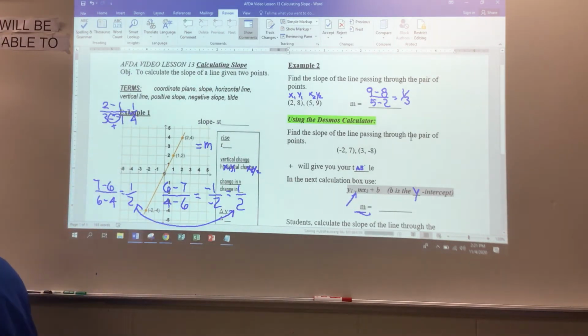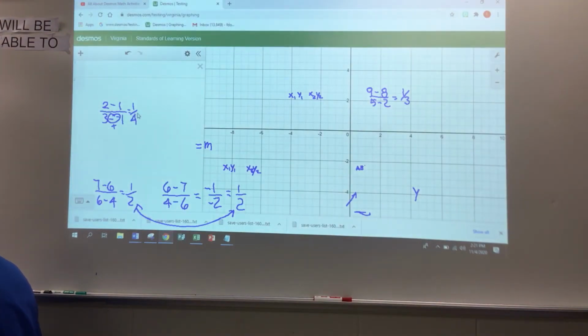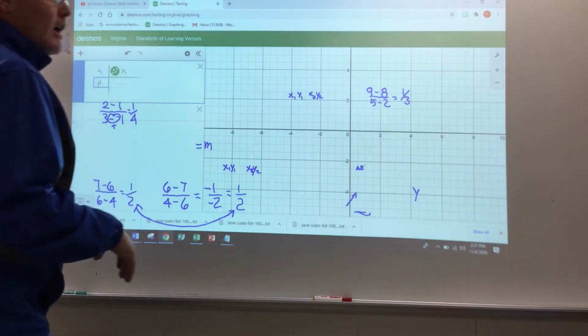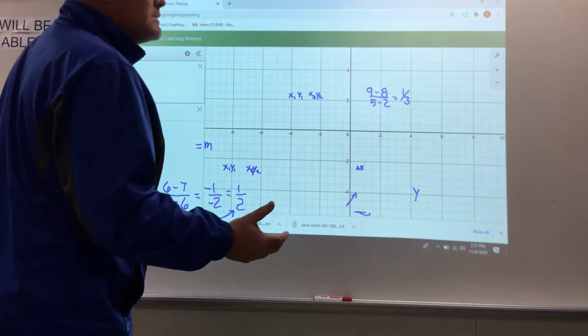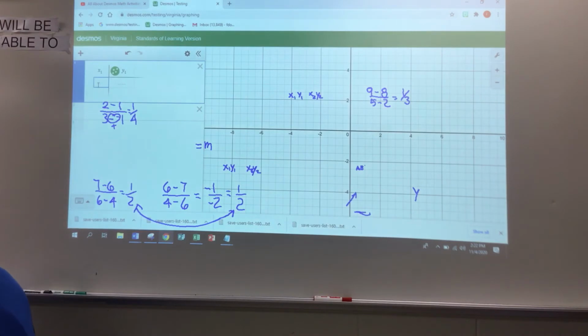So I'm going to grab my Desmos calculator, and I'm going to hit the plus sign. Very important that you hit the plus sign. Now that's going to give you an option of getting this expression, which we'll talk about later, or a table. You want to choose the table, and all you're going to do is type your points in there. So you're going to type in -2, 7, and 3, -8.